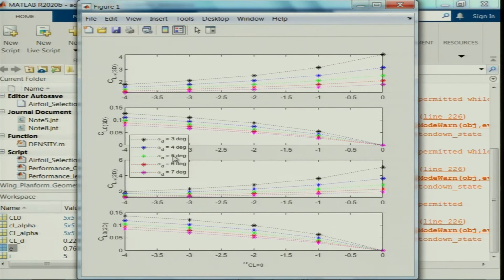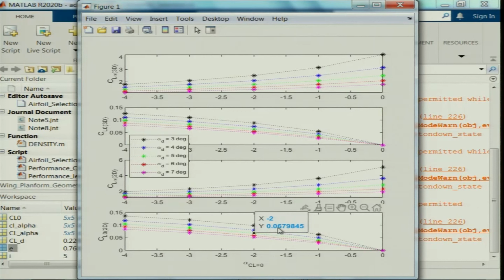So at design alpha of 5 degrees you are able to achieve the same L by D. This is the green color here. At that 5 degrees, if your airfoil alpha at which CL is 0 is minus 2 degrees, let us say, this will be the corresponding CL naught of 2D.